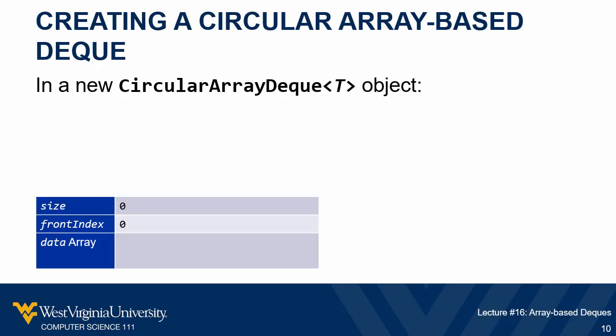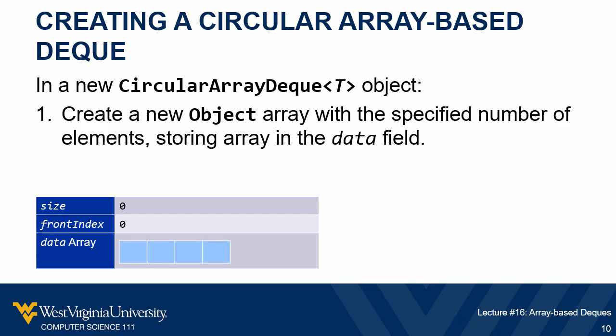When we call the constructor for our new circular array deck class, what we're going to do is create a new array based off of whatever initial capacity we specify either as a parameter or the value that gets used from the default capacity if we don't specify an argument when we call the constructor.